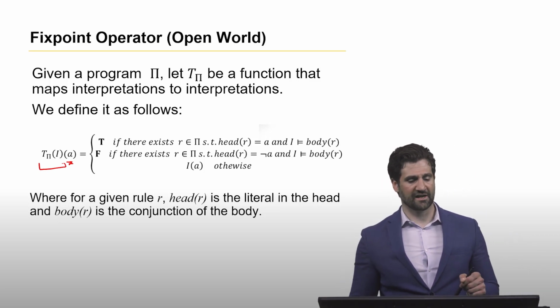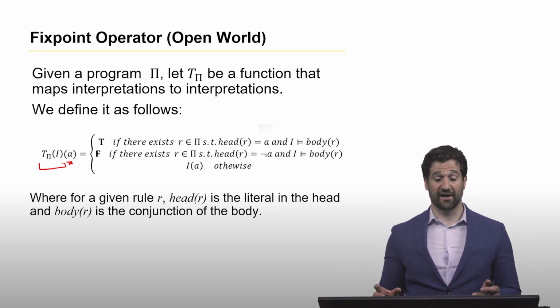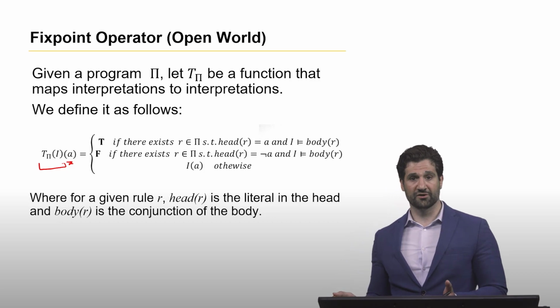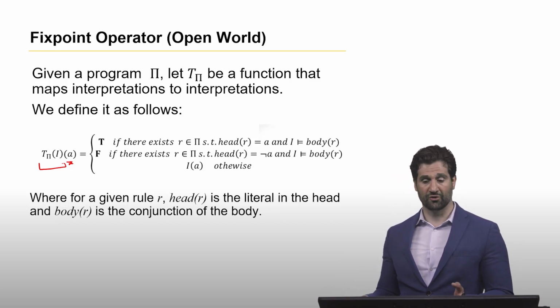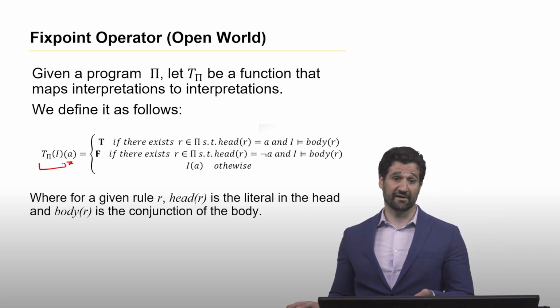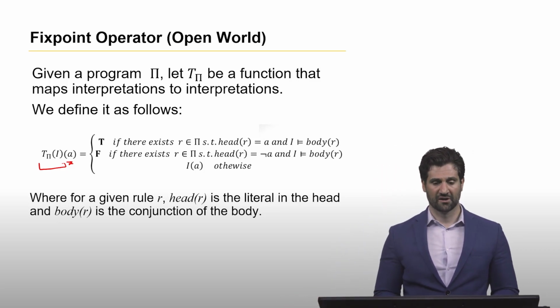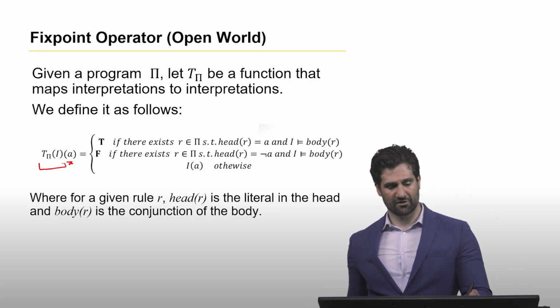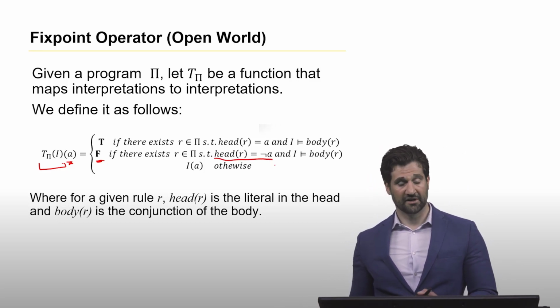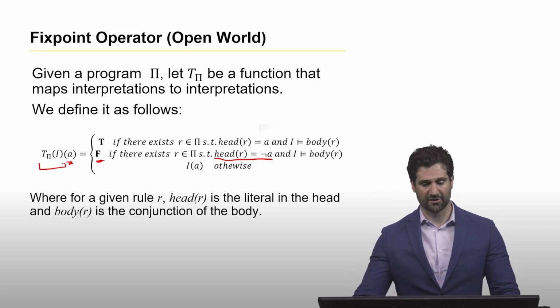And we're going to say that the fixed point operator is going to give atom A true if there is a rule in the program where the head of the rule equals A, and the body is satisfied by the input interpretation. And likewise, we're going to say it returns false if the head equals not A, and the body is satisfied by the interpretation.